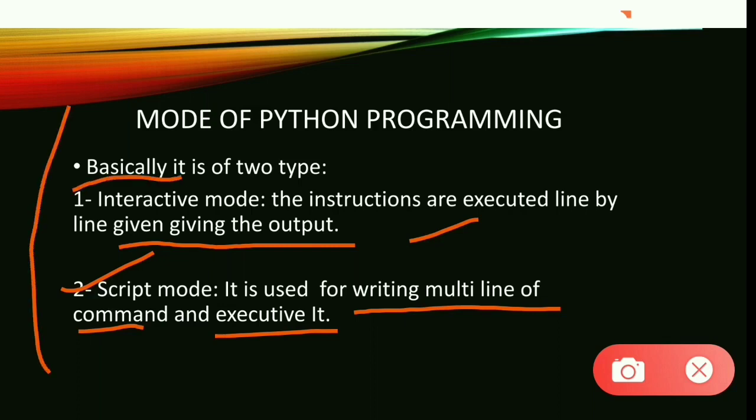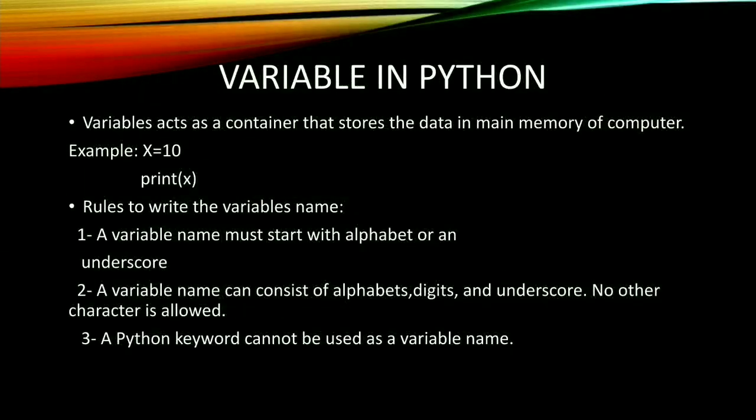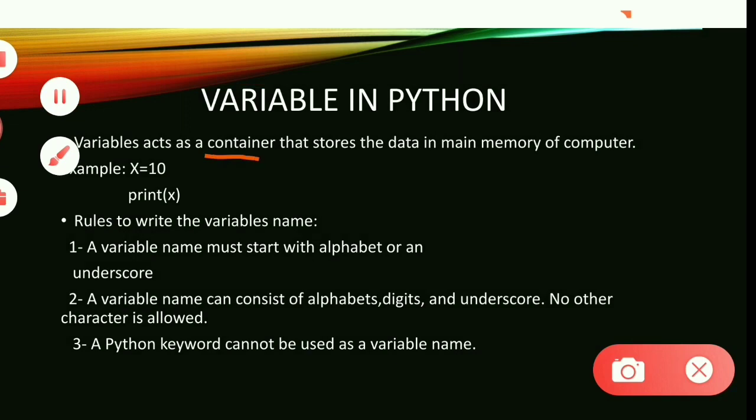Okay, let us see our next heading. Variable in Python. Variable acts as a container that stores the data in the main memory of your computer. Means it gives you a container where you can store your data in main memory with a specific name.